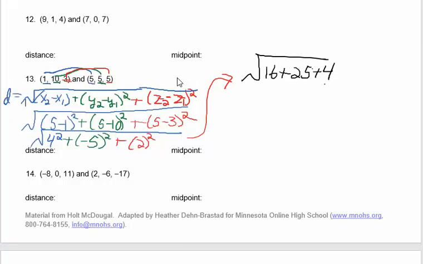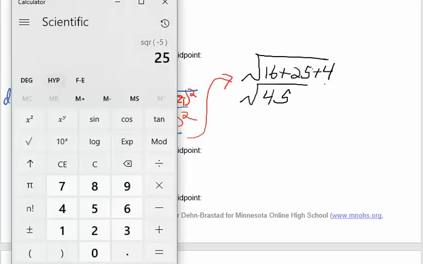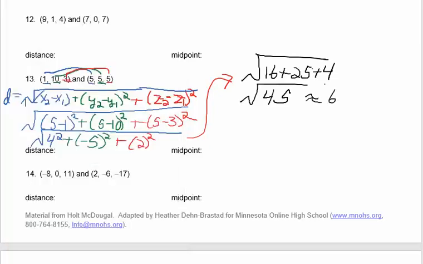All right, so then I am going to keep simplifying. 16 plus 4 is 20. 20 plus 25 is 45. Now it said to round to the nearest tenth, so I can just go ahead and use my calculator and figure out what is the square root of 45, and rounded to the nearest tenth would be 6.7.